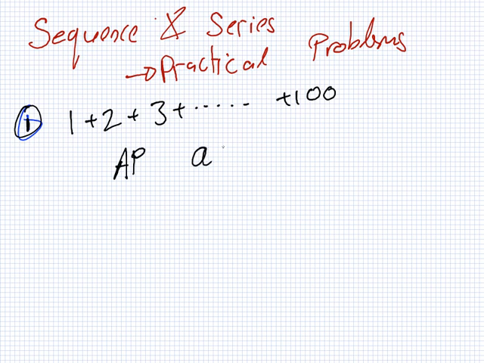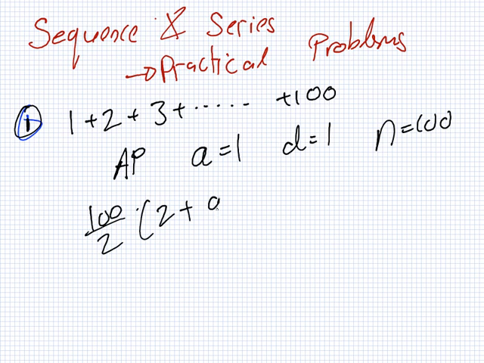AP, A equals 1 and D equals 1 and N equals 100. So the answer will be N over 2 times (2A plus (N minus 1) times D), which is 5050. So if you add the first 100 numbers together, your total will be 5050.